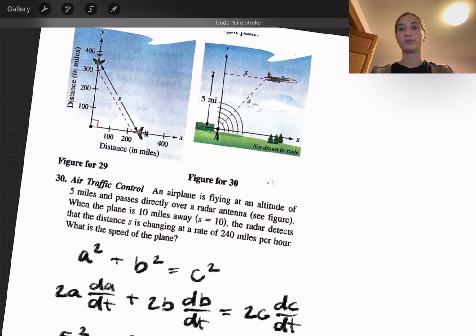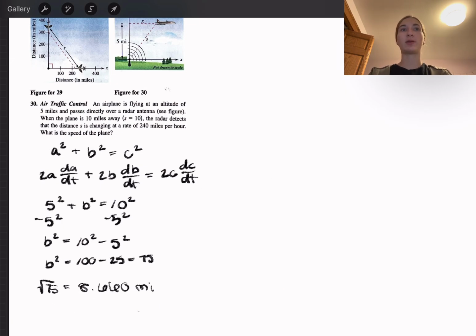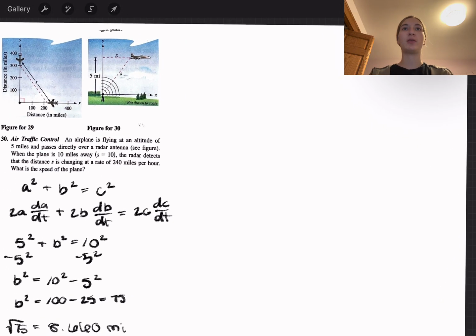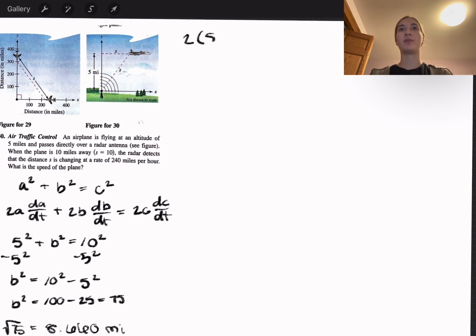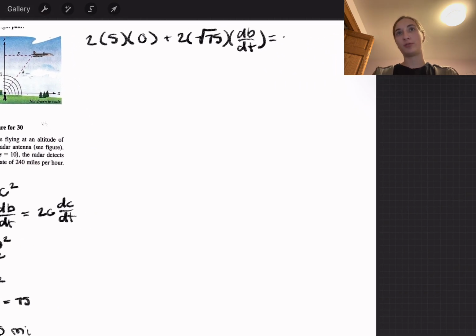So since we know most of these values, we can plug them into our derivative equation. So we'll have 2 times 5 times 0 plus 2 times the square root of 75 times dB dt, since we're trying to find dB dt, and that's equal to 2 times 10 times 240. 5, since that is the altitude of the plane. 0, since that value is not changing.